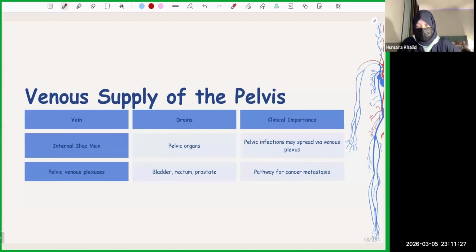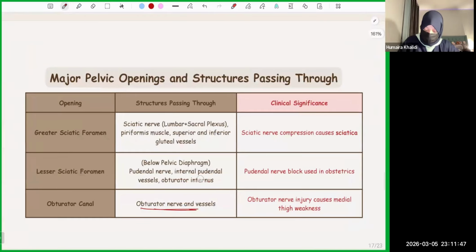The tendon leaves via the lesser sciatic foramen, it loops around it. Yes, you're right about that. But the obturator internus muscle itself is through the obturator canal.